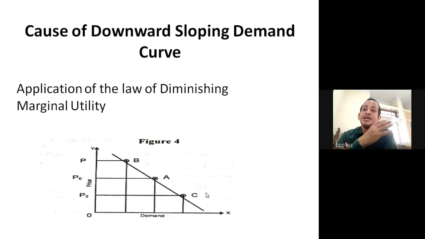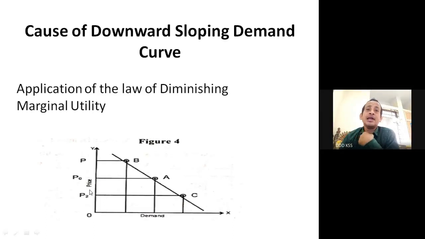He or she will be satisfied, the thirst will go away. So this is the law of diminishing marginal utility. Due to this the demand curve slopes downward.